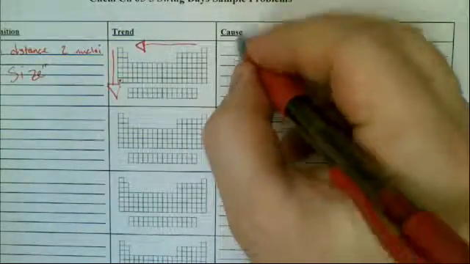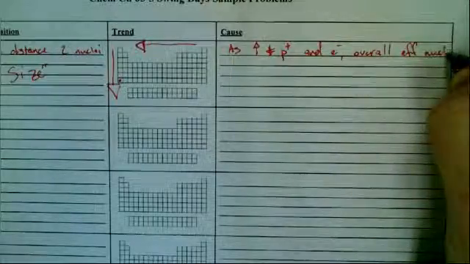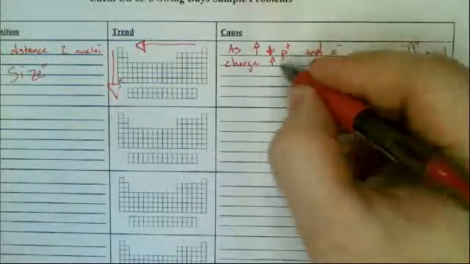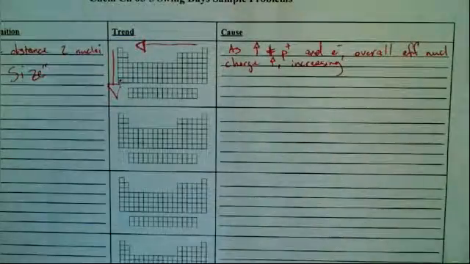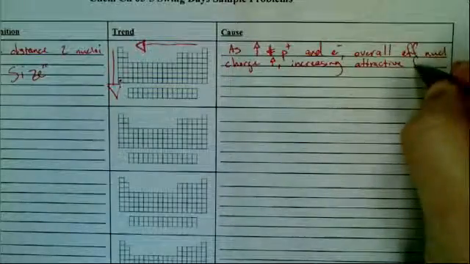Right? So the cause is, as you increase the number of protons and electrons, overall effective nuclear charge increases, increasing the attractive force.